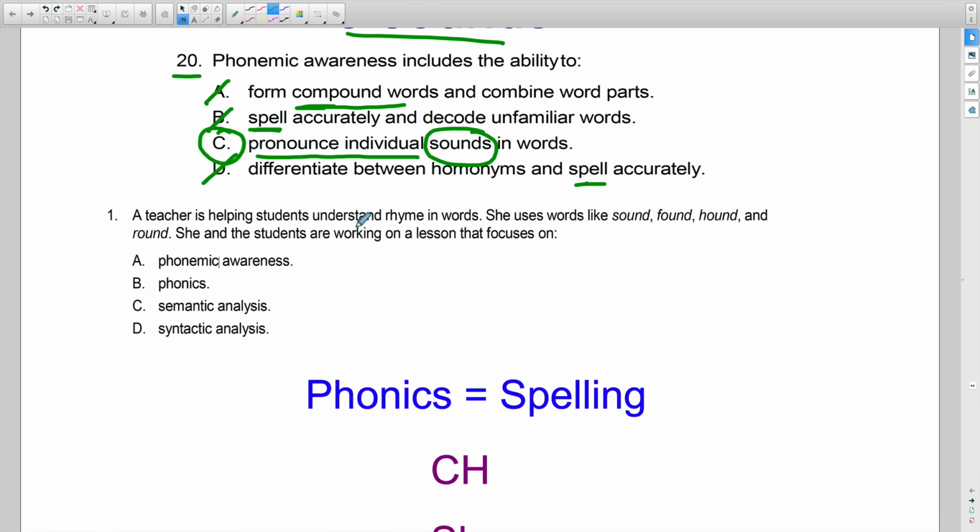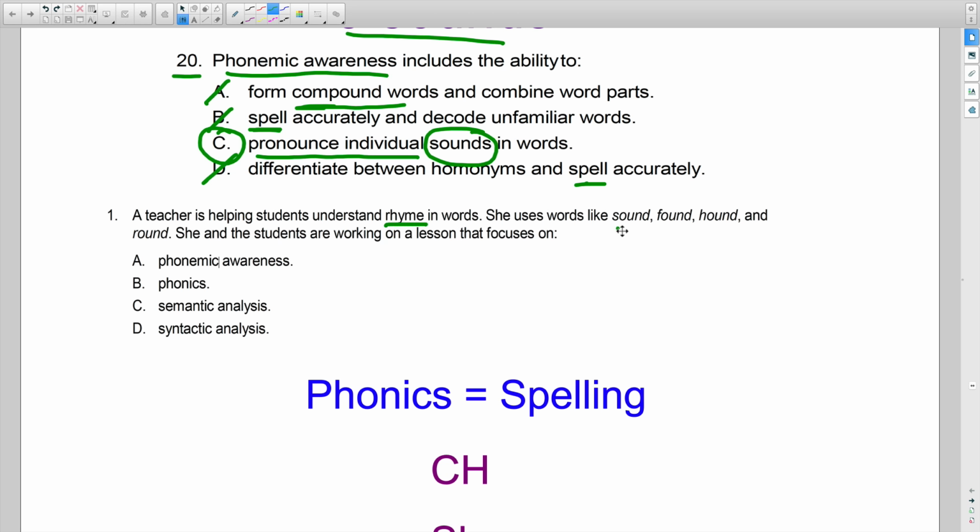Now, you and I both know that on these assessments, it's not always that easy. I mean, sometimes right here, this is basically the definition of phonemic awareness, but a lot of times they'll give you a scenario in a question and you'll have to figure out what the students and the teacher are doing. So you can see here we have a scenario. A teacher is helping students understand rhyme in words.